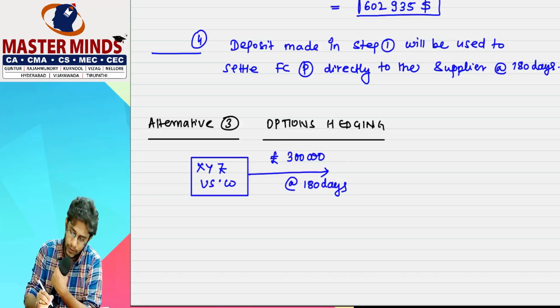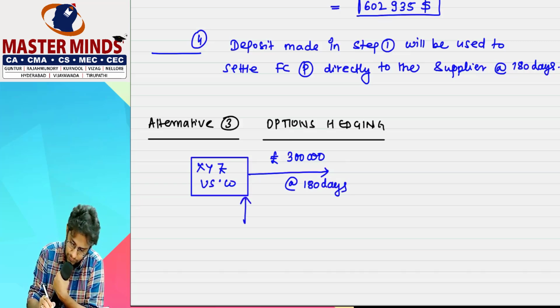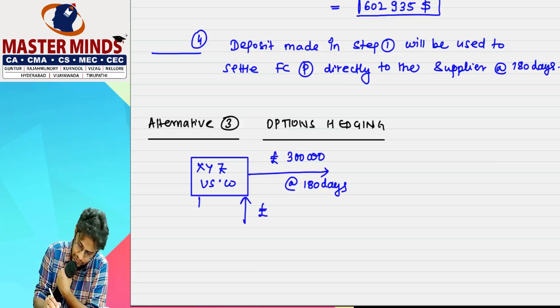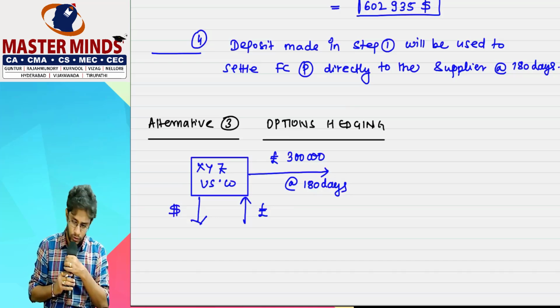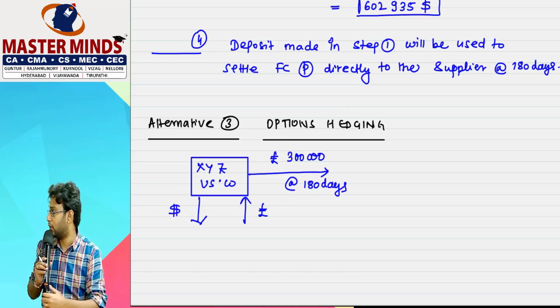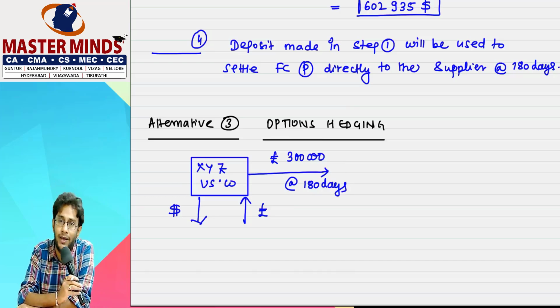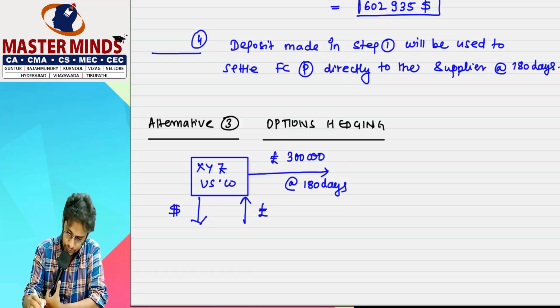So if you have a pound payable, you will have to buy pounds at 6 months time by giving dollars at 6 months time. So in future you are going to buy pound, sell dollar. Risk is the pound buying rate may increase, the dollar selling rate may decrease. So that will give you 2 routes of hedging.